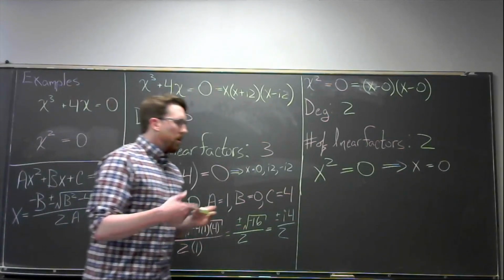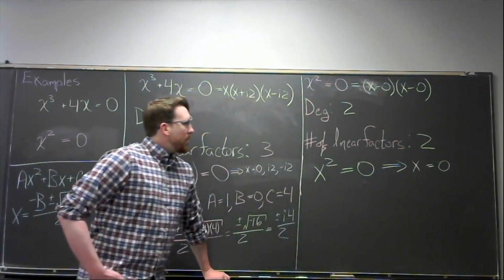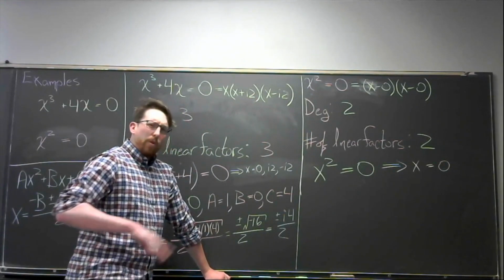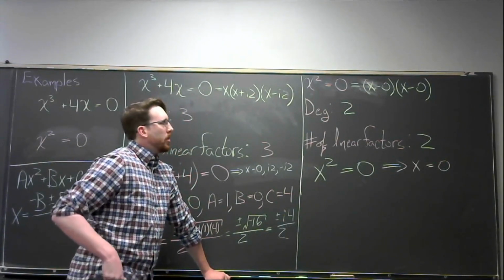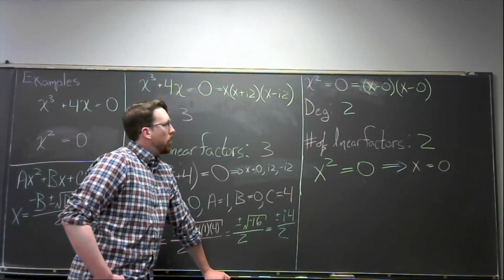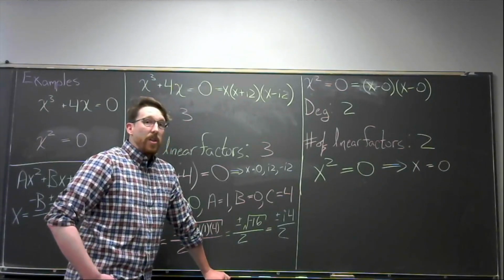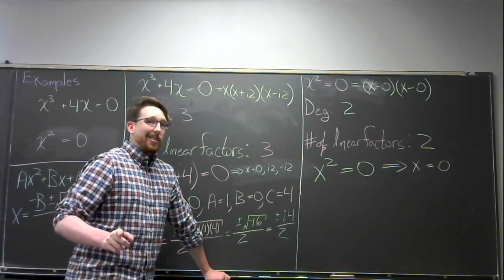So what does this mean? What am I saying here? What I'm saying is that for any polynomial, when you're trying to find all the roots, if you find more roots than the number of linear factors, you did something wrong.